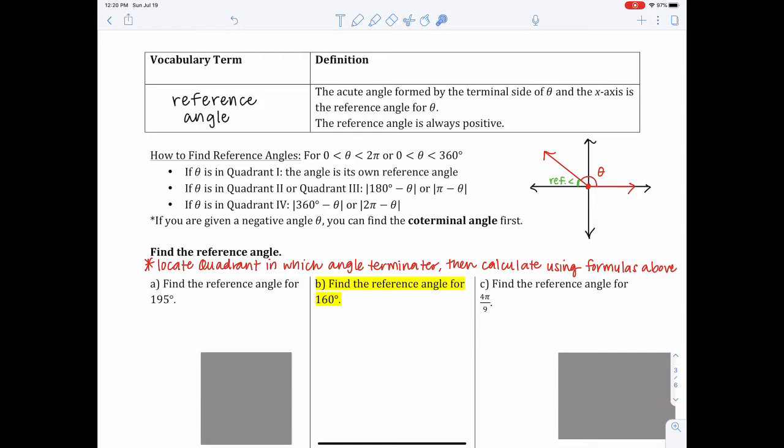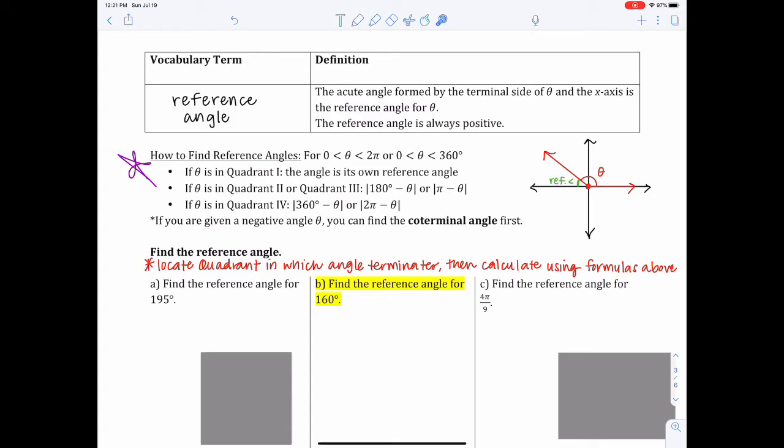And I have some directions here as to how to find reference angles. But let's just look at this diagram I have drawn over here so you can understand what I'm talking about. If we have some angle theta, which is drawn in red, the reference angle is the acute angle formed with the x-axis. So we have to think about where the x-axis is. This angle right here is the reference angle.